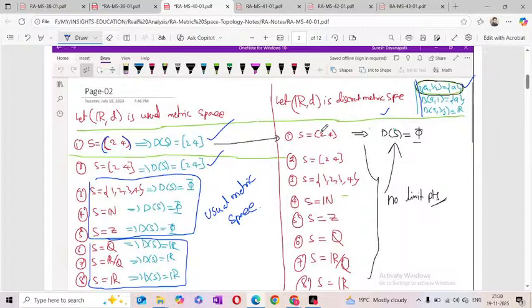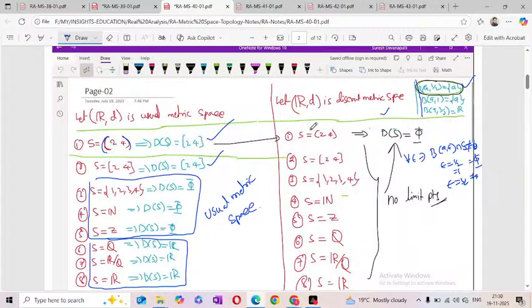How can I identify the derived set of this one? First of all, we want that for every epsilon, the ball B(a, epsilon) intersection S is always non-empty. But sometimes it is empty: if epsilon is 1/2 or 1, it is definitely the empty set. If epsilon is 3/2, the intersection is non-empty.